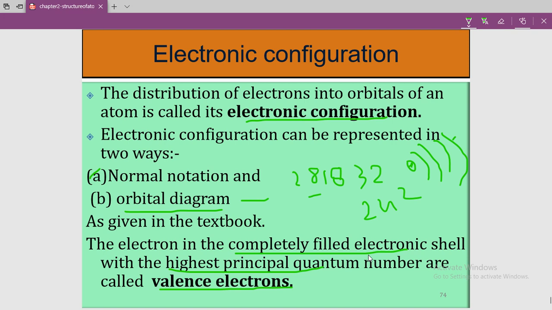Suppose you take the homework: you have to do the electronic configuration of atomic number 11, 20, 24, 26, and 29.